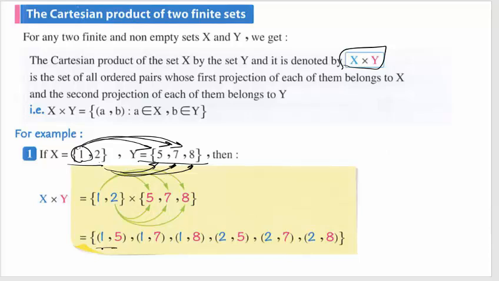To write it as an ordered pair, as you see in all these ordered pairs, the first from X, the second from Y. First from X, second from Y, and so on.